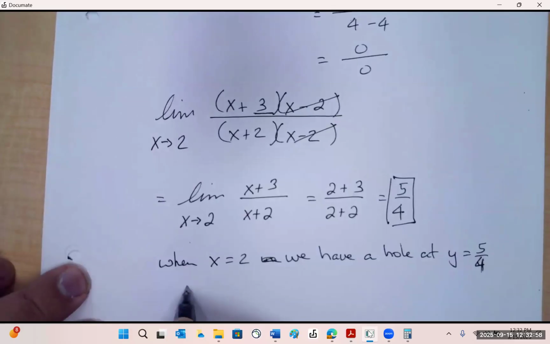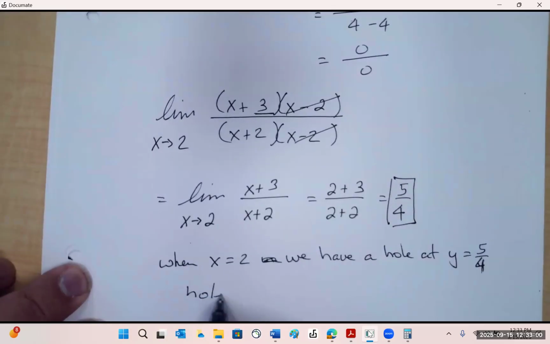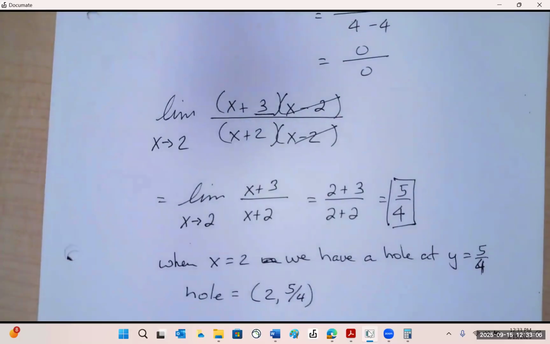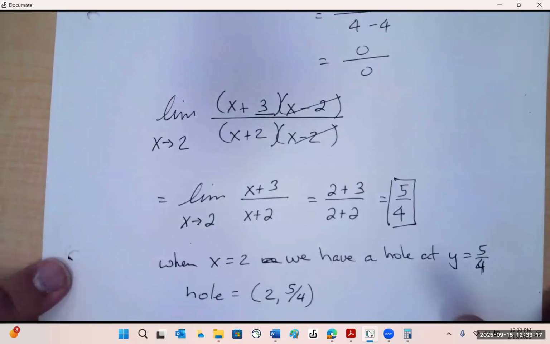So the hole is at 2, 5/4. Why is that important? This is important because now we can create a function that's continuous.